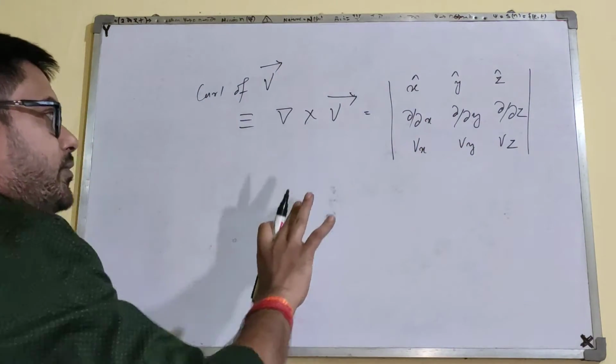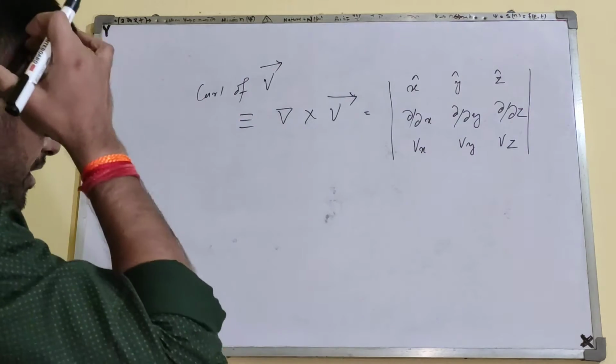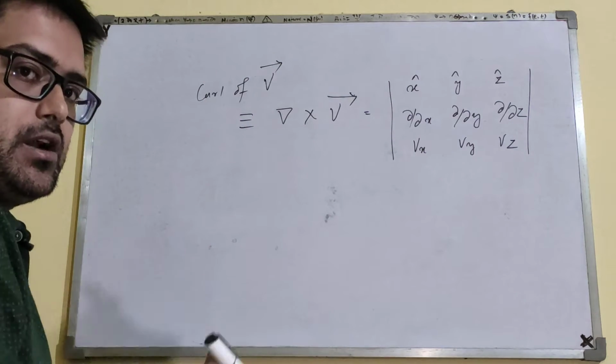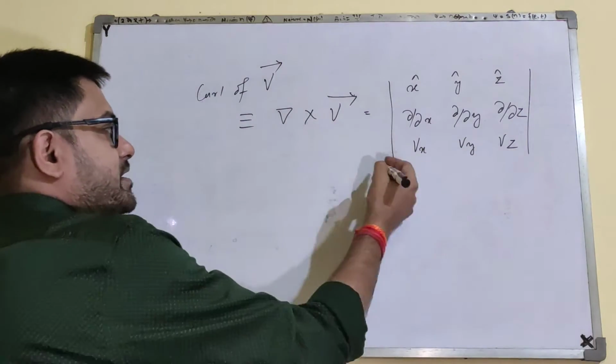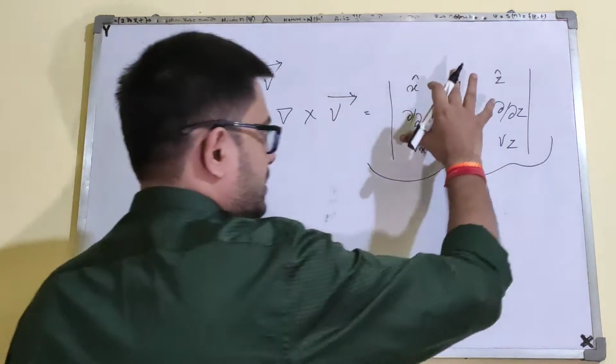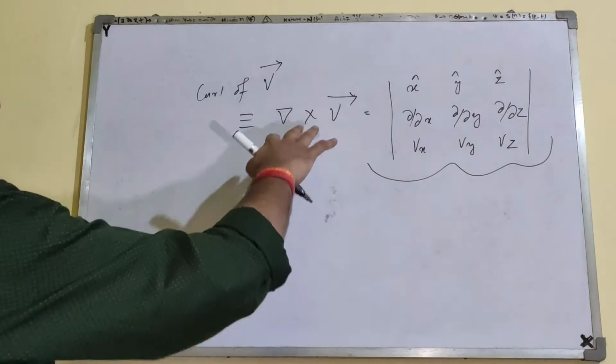Okay, we are not going to expand this determinant right now because we are going to do it soon enough, but first of all let's understand why this determinant formulation is used to describe curls.